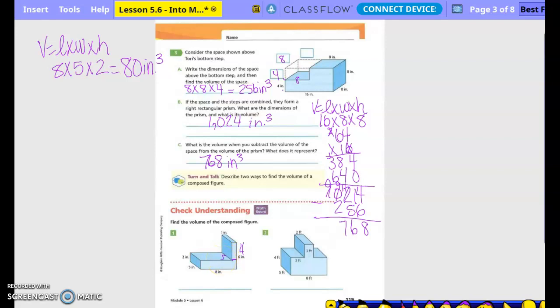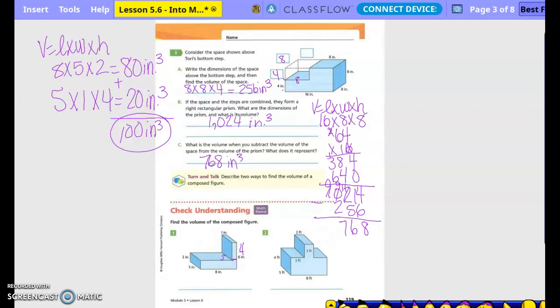And then they said 1 for right there. So technically our length is 5, our width is 1, and our height is 4, right? So 5 times 1 times 4 equals 20. And then what do we need to do with those? Add them together. So what is 80 plus 20? So 100 inches cubed, or I could say cubic inches, right?